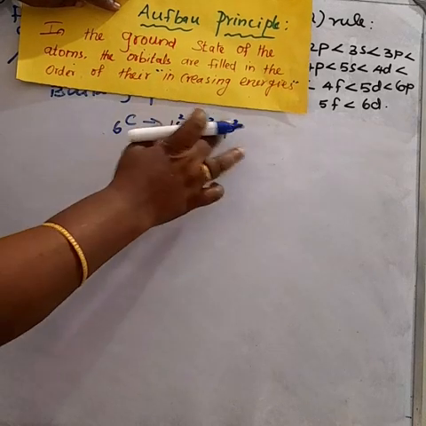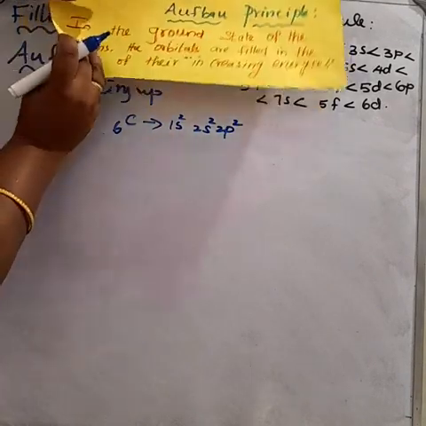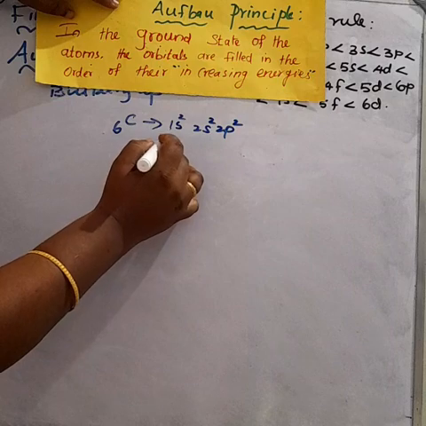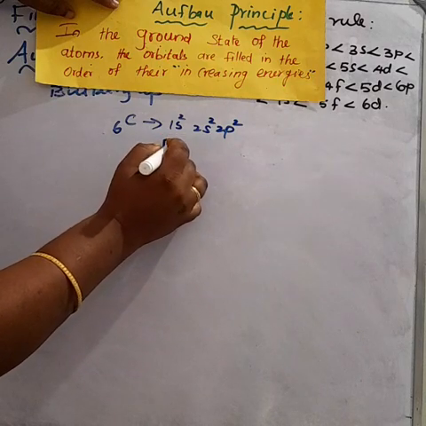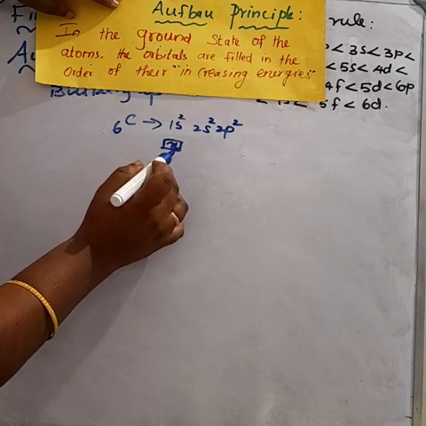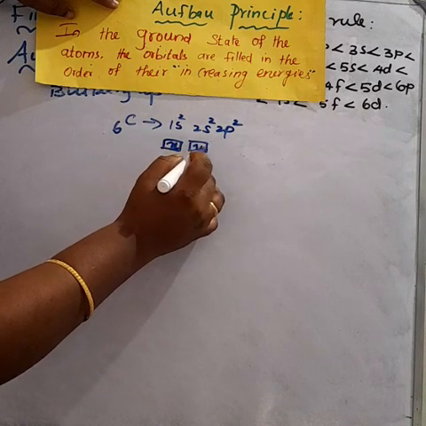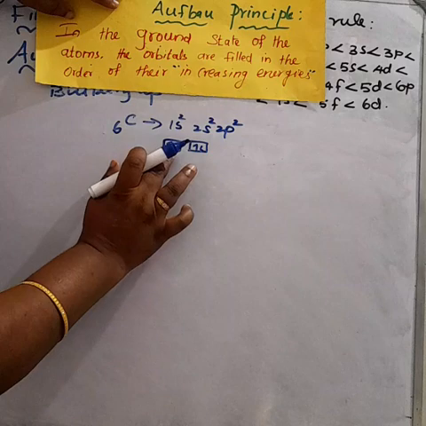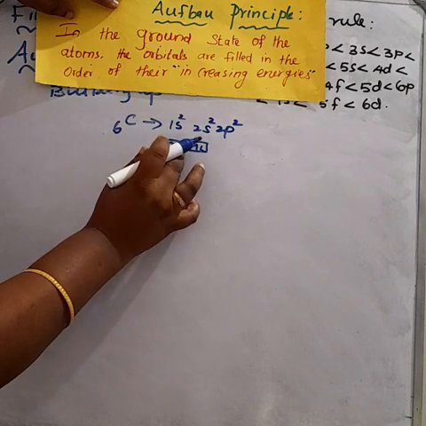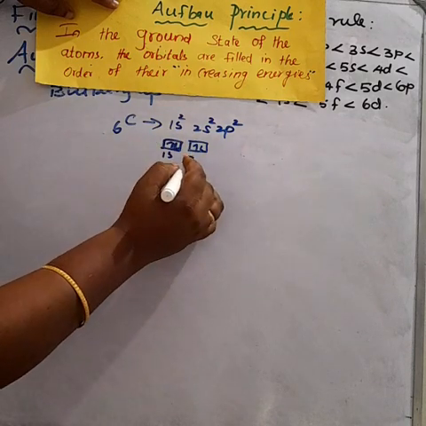First, the 1s orbital can accommodate a maximum of 2 electrons. After filling the 1s2 orbital, the electrons go to the 2s2 orbital, which can also accommodate 2 electrons.